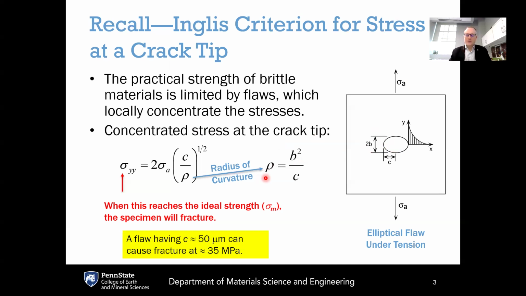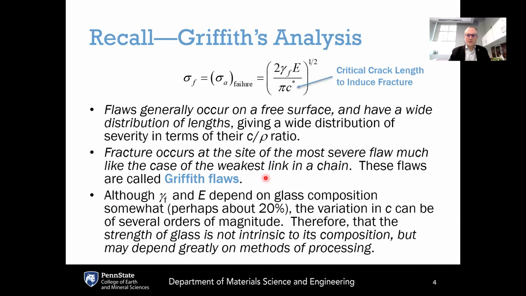And basically what this leads us to understand is that the distribution of strengths that are observed in glasses goes back to the distribution of flaw sizes.